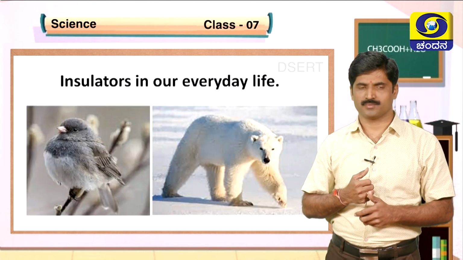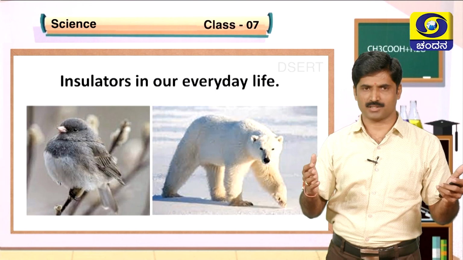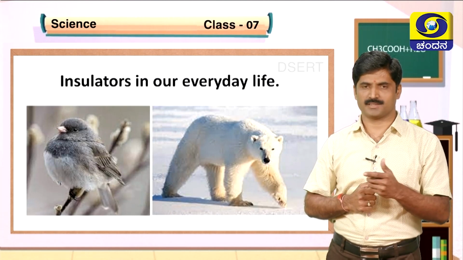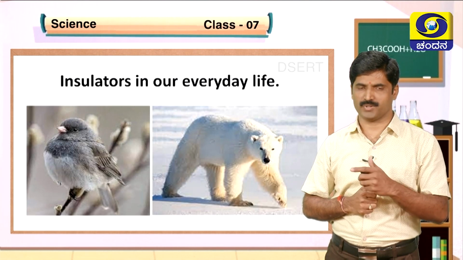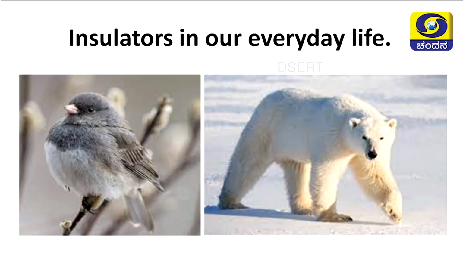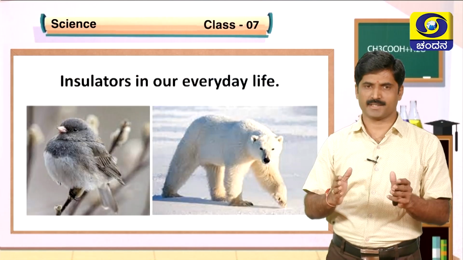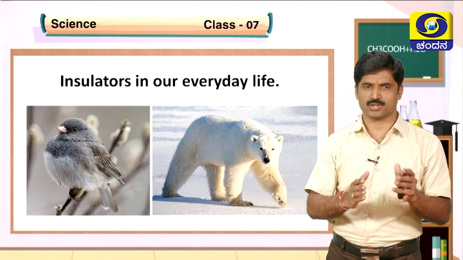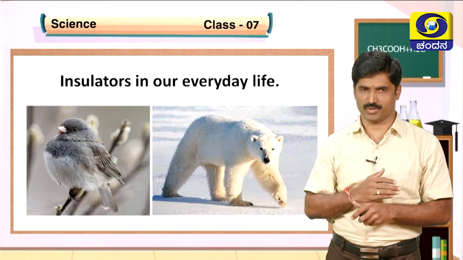Not only humans, but animals also use insulation. The bird and the polar bear have thick feathers and thick fur. It acts as an insulating material, so it prevents loss of the heat from their body.